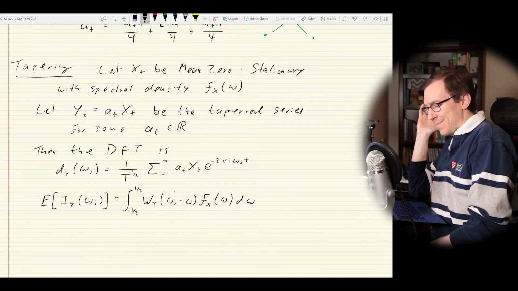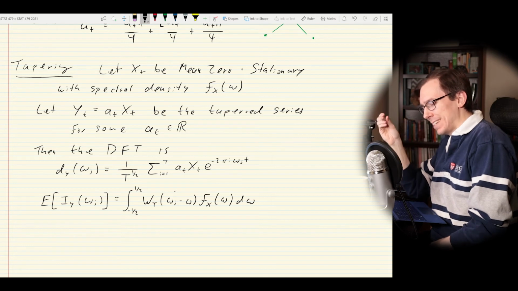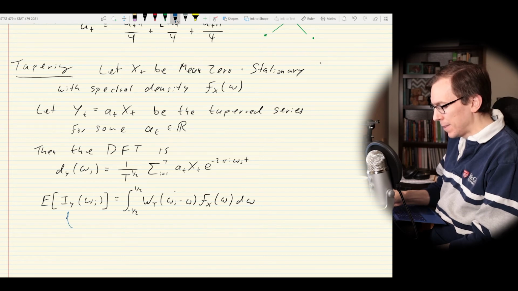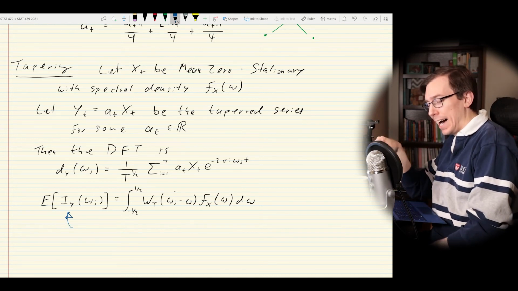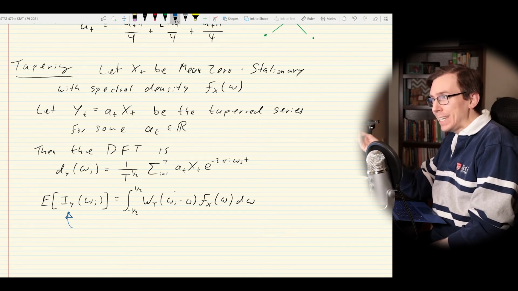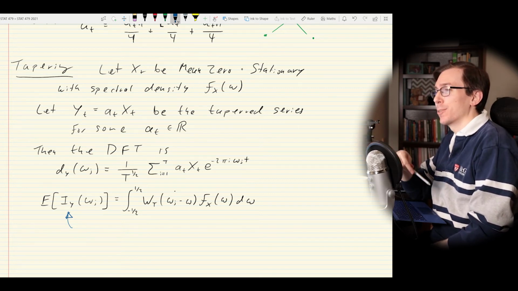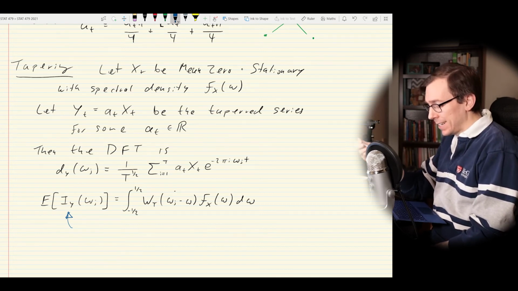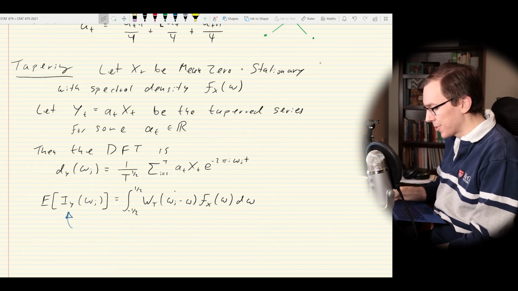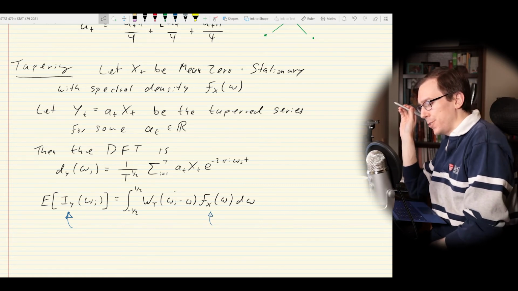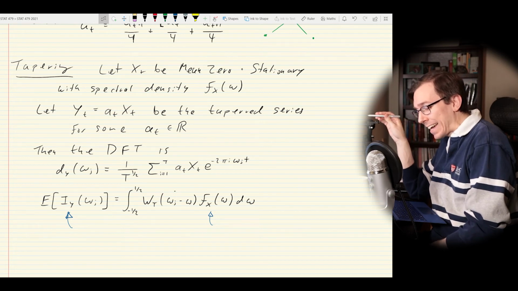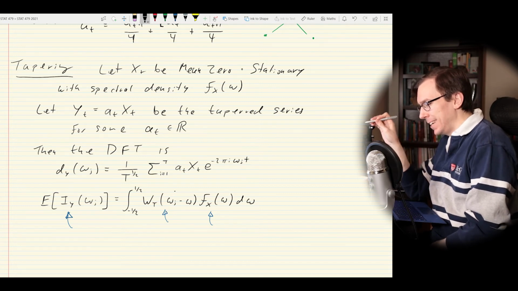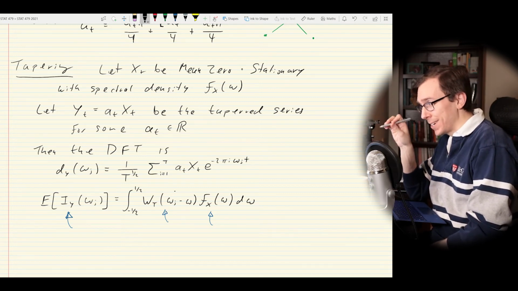What does that mean? Well, if we want to know the expected value of the periodogram for y, which would be an estimator of the spectral density for the tapered series y, what we find on the other side is an integral with respect to the spectral density of x, but we're multiplying by some w, and the w is going to be called the spectral window.